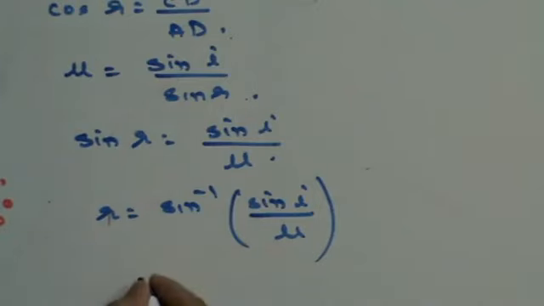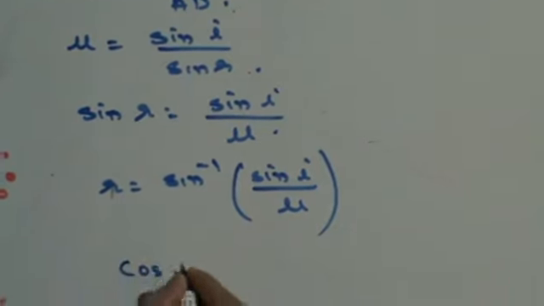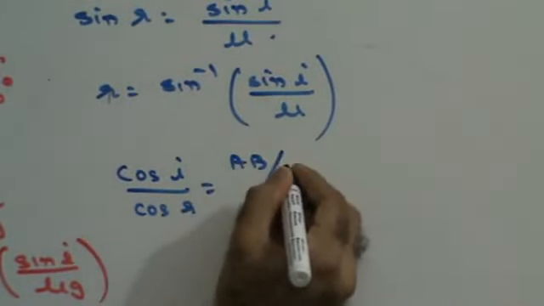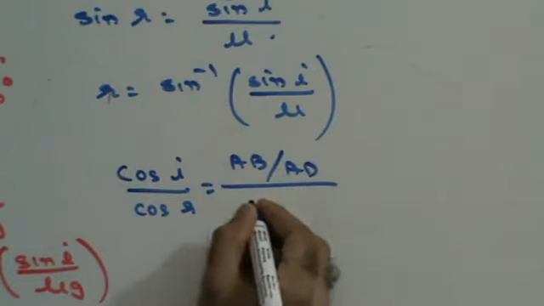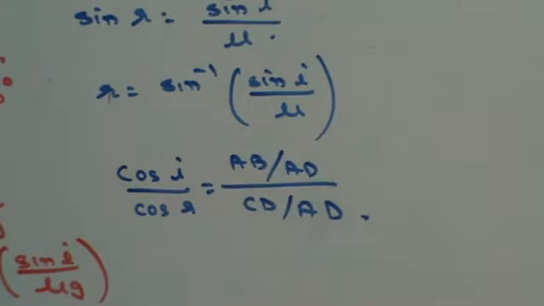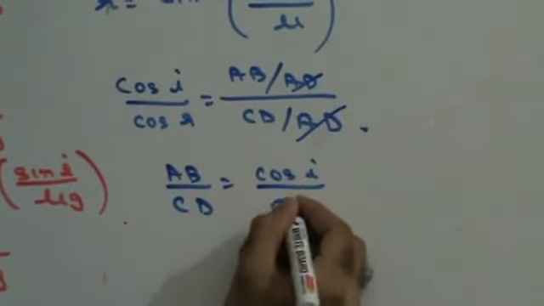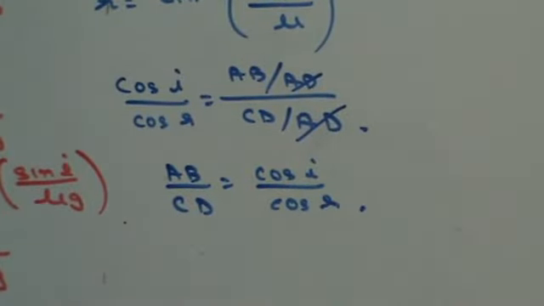Now I need to find out the ratio of the width. I can say cos I upon cos R is going to be AB upon AD divided by CD upon AD. We had already found this out before. AD gets cancelled, so I'll get AB upon CD is cos I upon cos R. This will give me the ratio of width in air to glass, but I presume they've asked you to find out the ratio of width in glass to air.